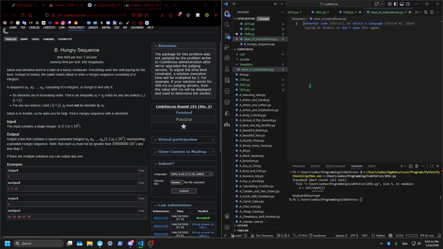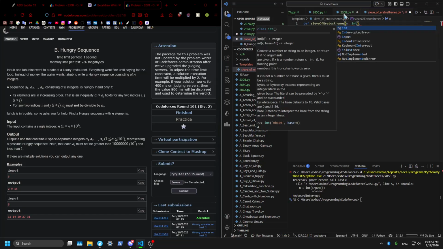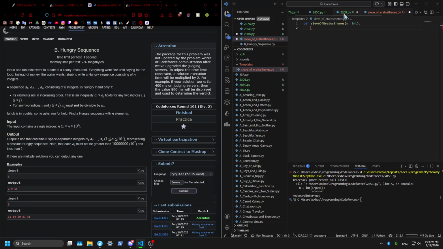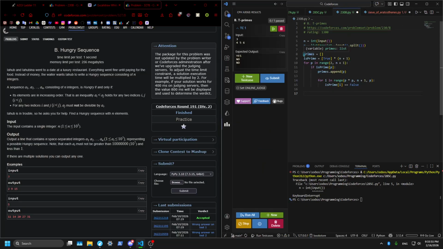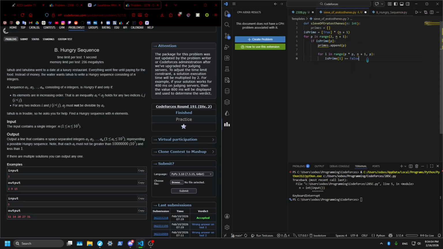And then def seed of Eratosthenes. We take in an upper bound as an int, and then copy this, paste this, return primes, is prime.